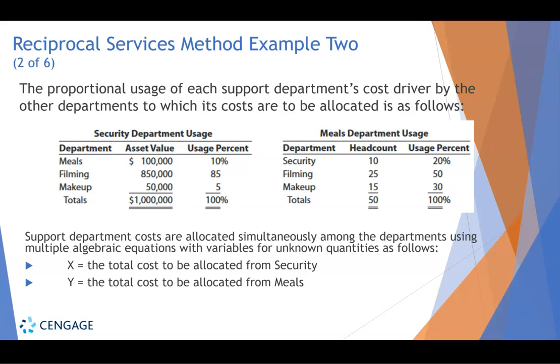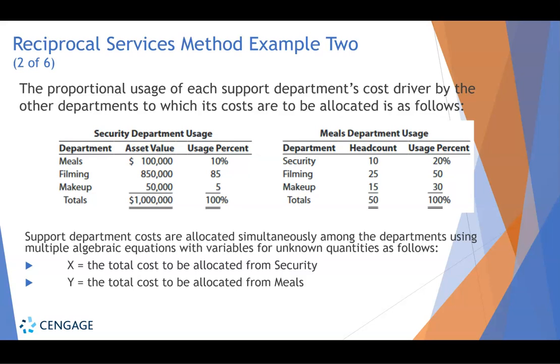The proportional usage of each support department's cost driver by the other departments are going to be allocated as such. So security department's usage for meals, 10%, filming, 85%, makeup, 5%.